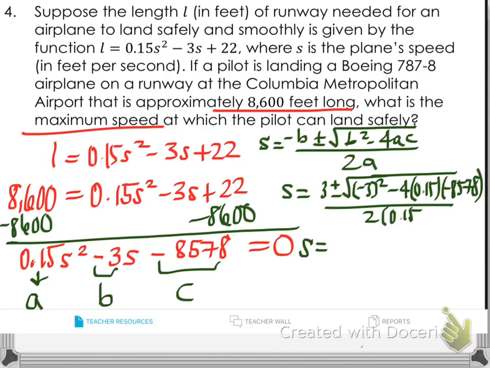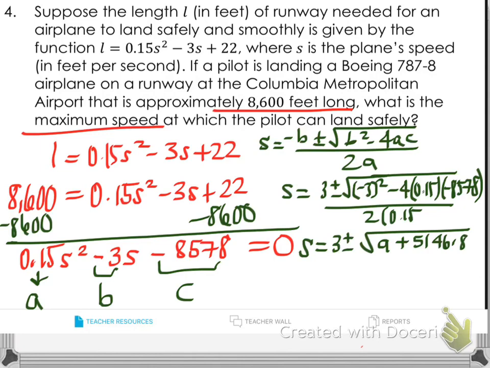We now have s is equal to 3 plus or minus the square root of 9. And then we have negative 4 times 1/500 times negative 8,578, which is going to give us a positive 5,146.8.